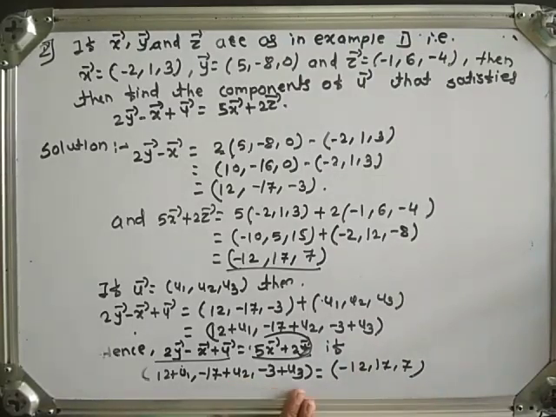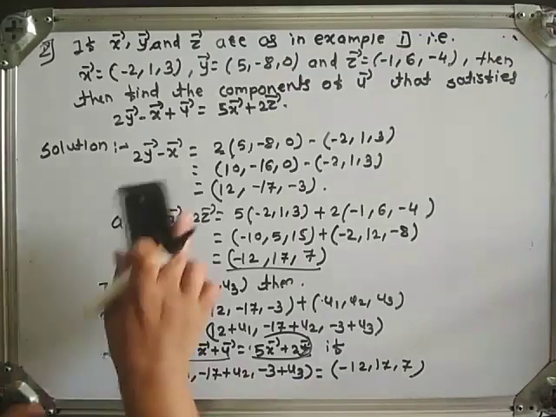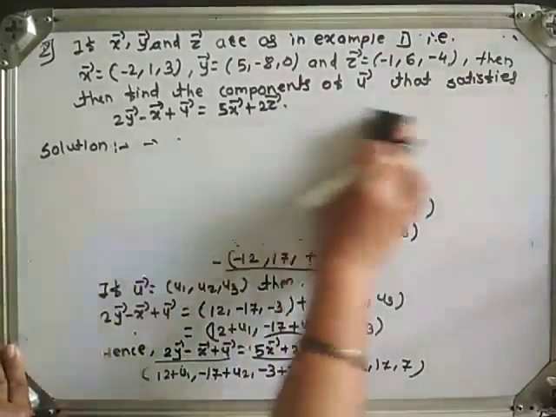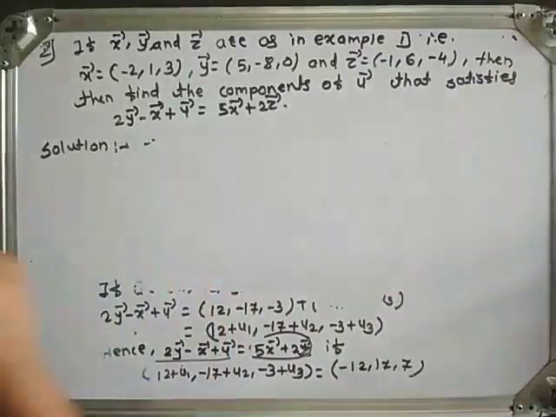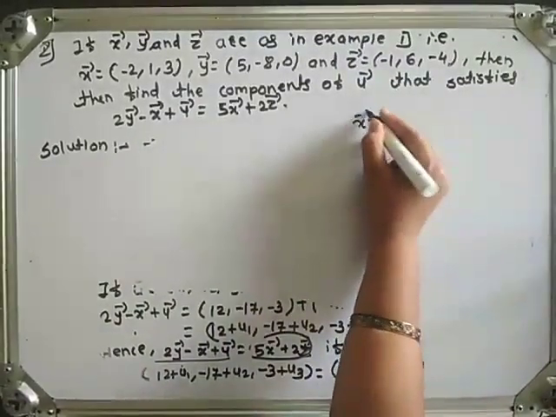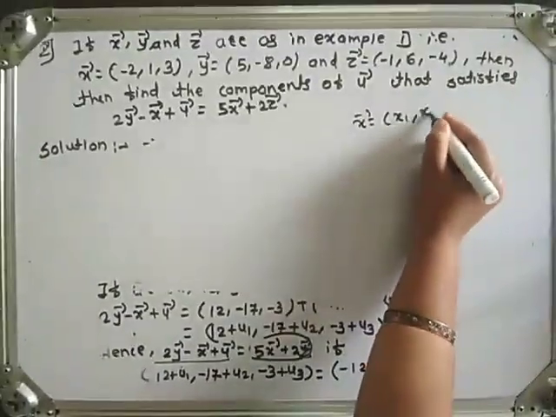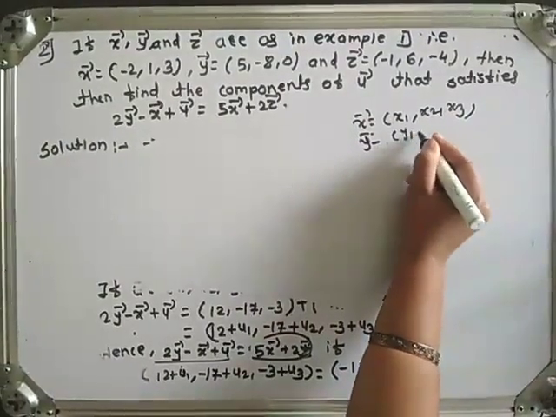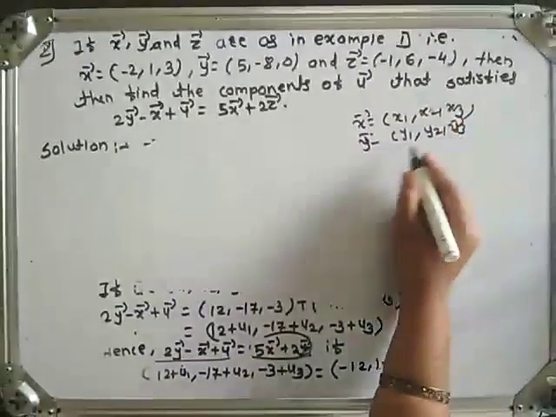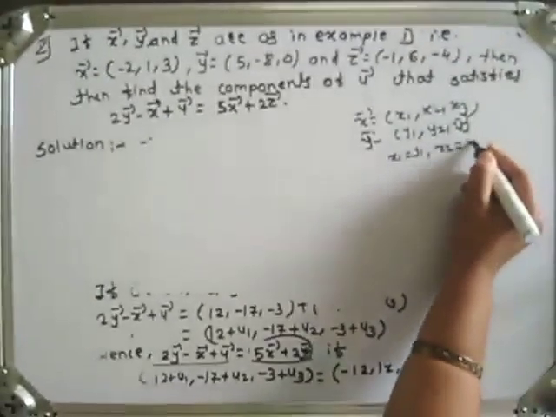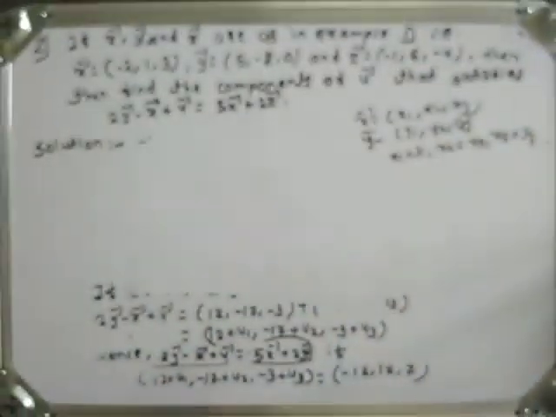See here, observe that these two vectors are equal, and in the previous video we have seen that if x bar is (x1, x2, x3) and y bar is (y1, y2, y3), then two vectors are equal if and only if x1 equals y1, x2 equals y2 and x3 equals y3.